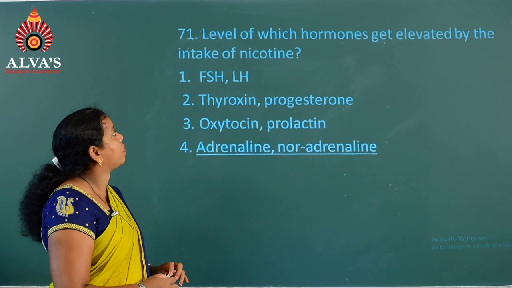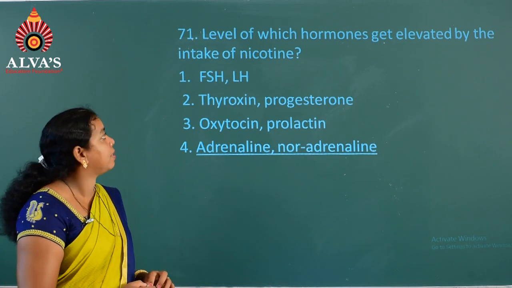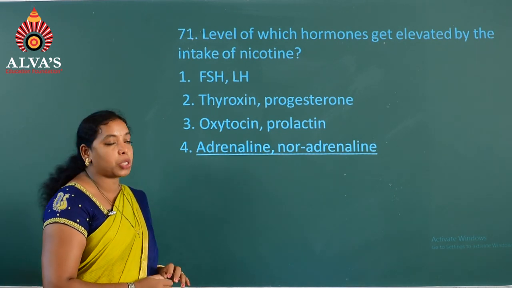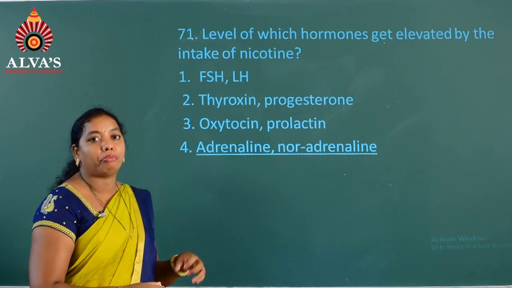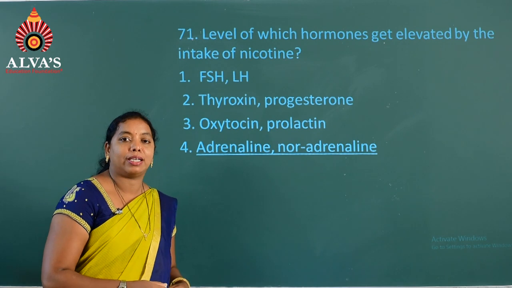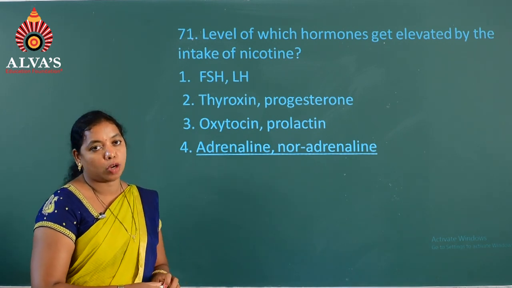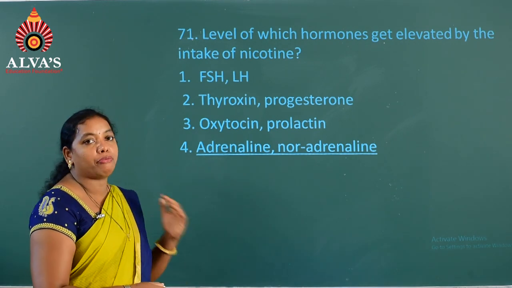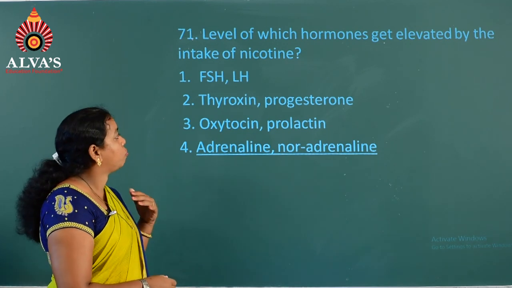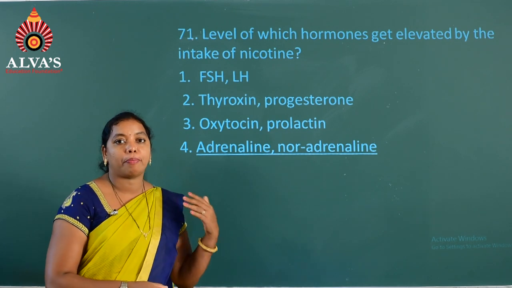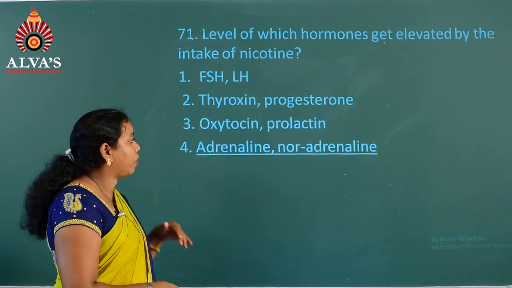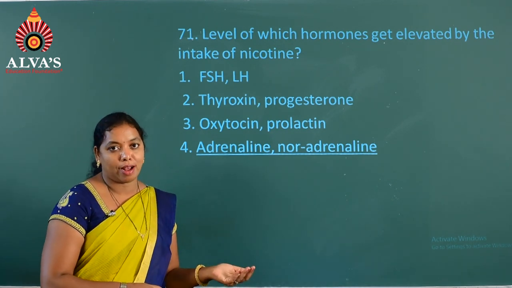Moving on to the next question, question number 71. The level of which hormone gets elevated by the intake of nicotine, one of the alkaloids present in tobacco? Option 1, FSH, LH. Option 2, thyroxine, progesterone. Option 3, oxytocin, prolactin. Option 4, adrenaline, noradrenaline.